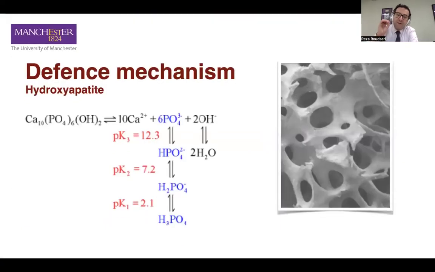Now, the main molecule which is building your teeth, your enamel, your dentin, is hydroxyapatite. And hydroxyapatite, depending on what strength of acid it is within, would have a slightly different formulation when it becomes ionized.